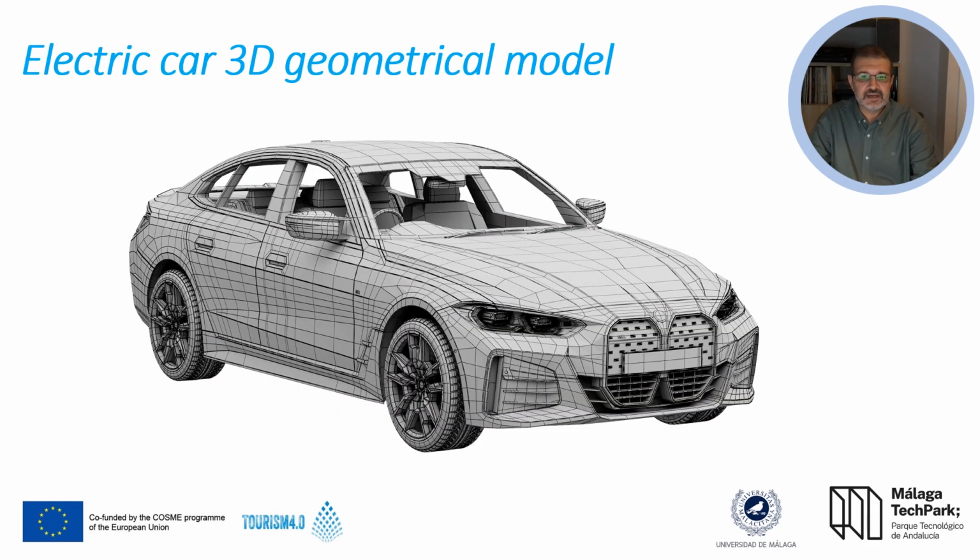First, we consider the models of the digital twin, and in this slide I show to you the 3D geometrical model of the car. As you see, it's a set of polygons, plots, surfaces that model the physical appearance of the car, the shape of the car. This model will be used in order to represent the car in a virtual world.